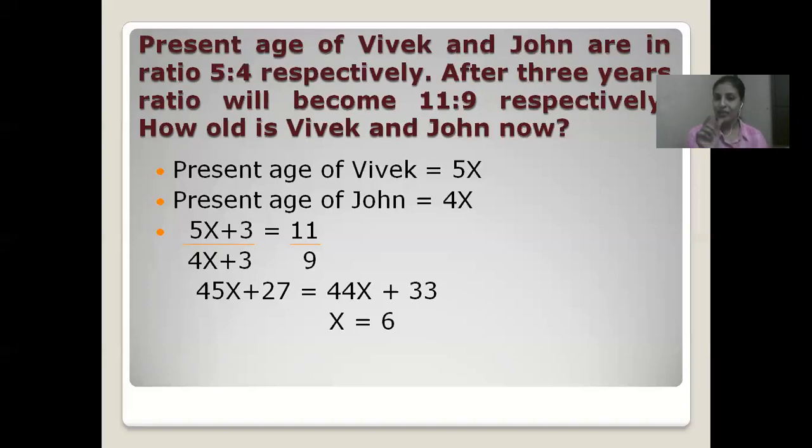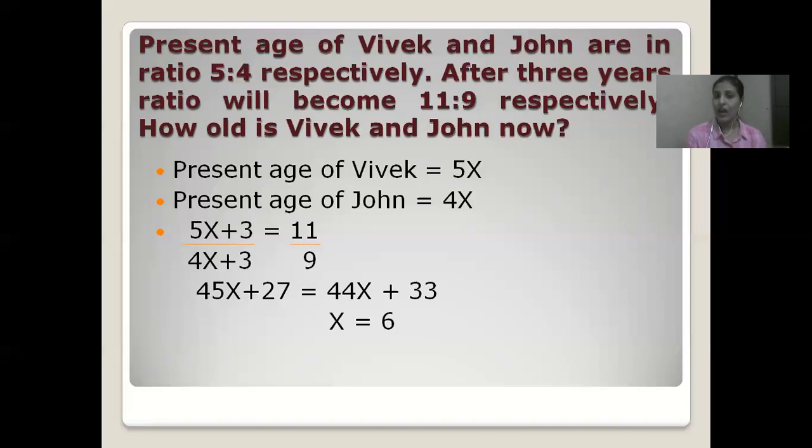So again, we are changing it into a common term, x. So Vivek's present age, 5, is turned into 5x, and John's present age, 4, is turned into 4x.